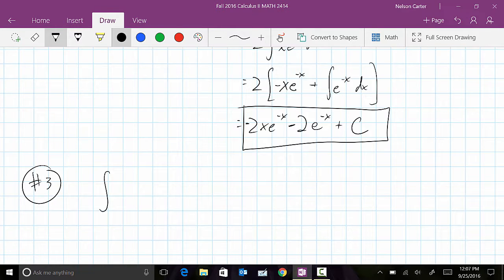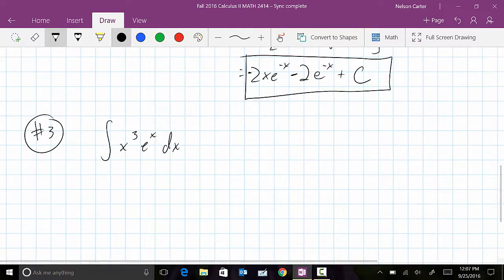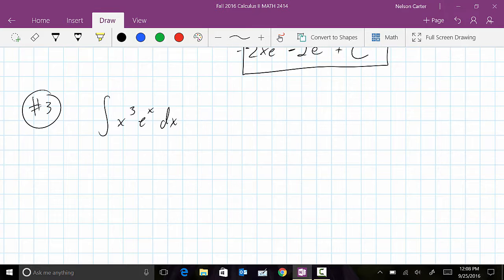Okay, this is the integral of x cubed e to the power x dx. I would recommend the tabular method on one like this. So we have the sign, then we have u, and we have dv.